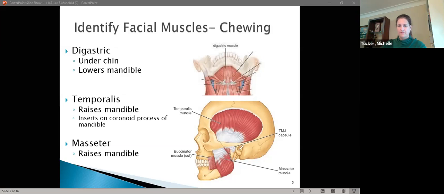Above, remember this is the external acoustic meatus, and then we've got that zygomatic process, and if you keep going up, now we have temporalis, and temporalis is going to attach to the temporal bone, and it will also insert down here on the mandible and elevate it during chewing. So 3 muscles to know for chewing.